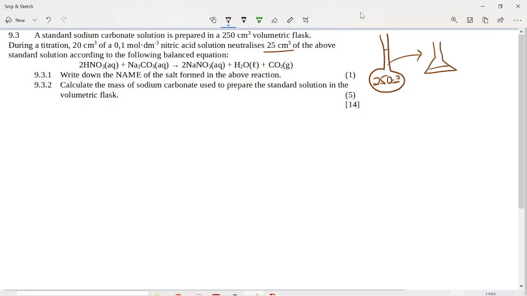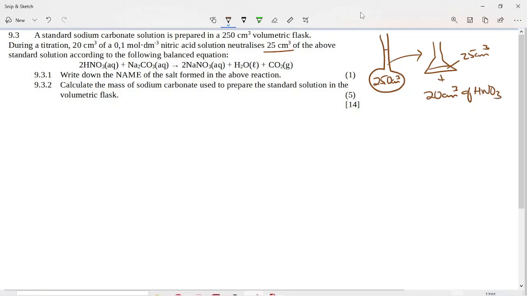This one is only 25 cubic centimeters. It is only 1/10 of my full solution. And we titrated this. We added to it 20 cubic centimeters of nitric acid.